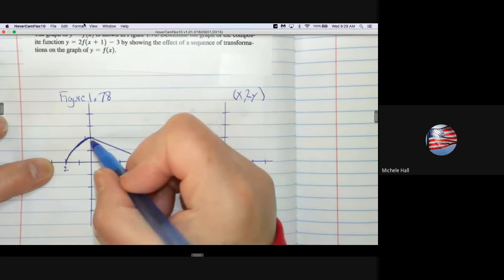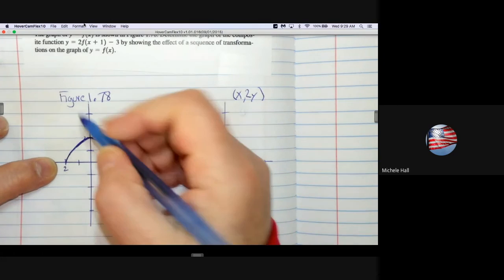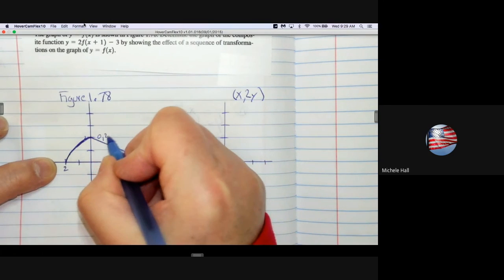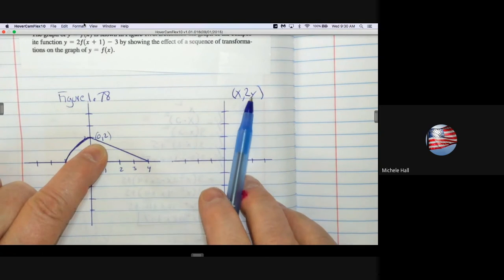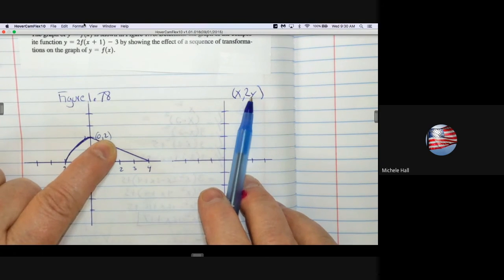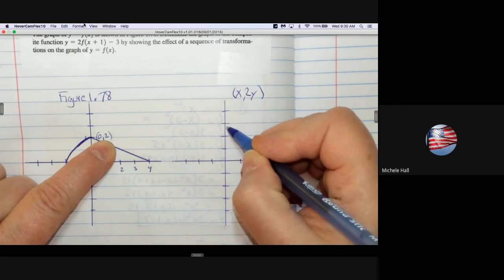So here's my y value. My y value is at 2. That means I'm going to be multiplying 2 to my y value. So I get 0, 4. 1, 2, 3, 4.